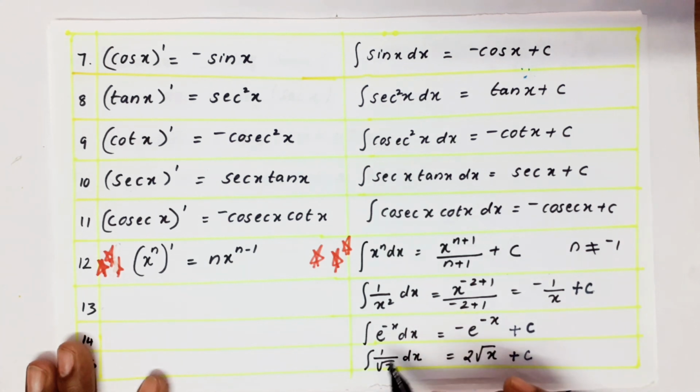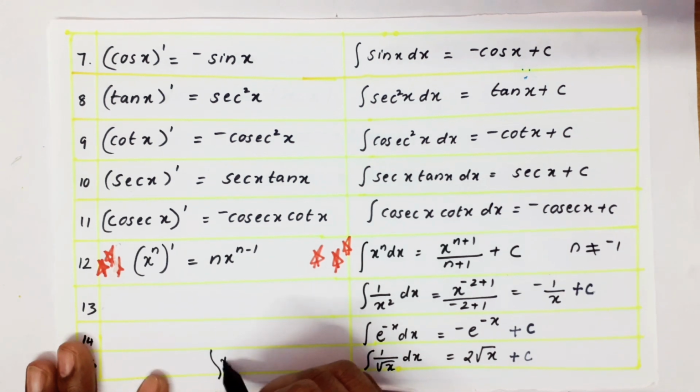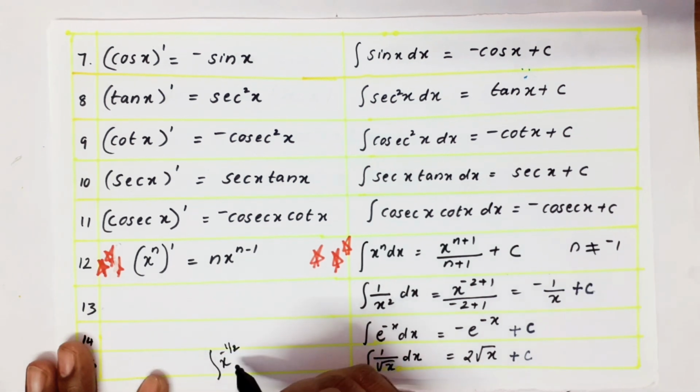Next, the integral of e power minus x dx means e power minus x divided by minus 1. That is nothing but minus e power minus x plus c. Take another case. The integral of 1 by root x dx. We can write root x as x power half, so 1 by root x is x power minus half dx.